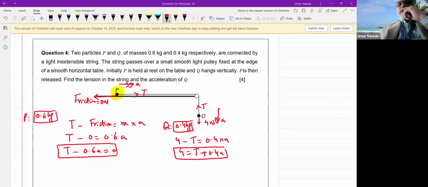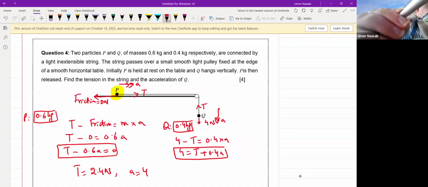Enter 1, enter negative 0.6, enter 0, enter 1, enter 0.4, enter 4. And now your final answer for the tension is 12 over 5, which is 2.4 newtons. And your acceleration comes to 4 meters per second squared.